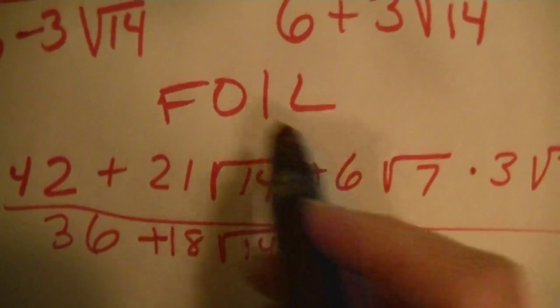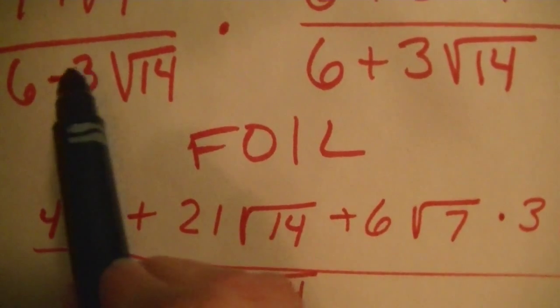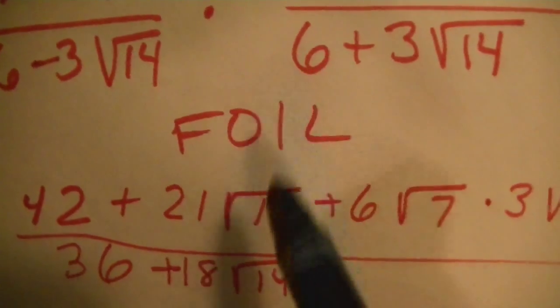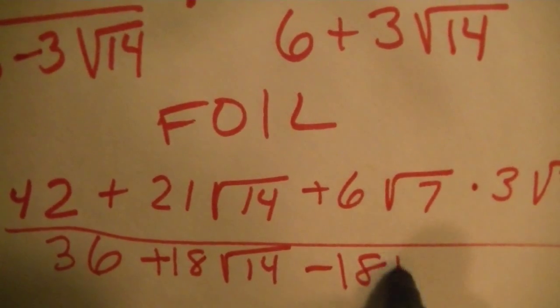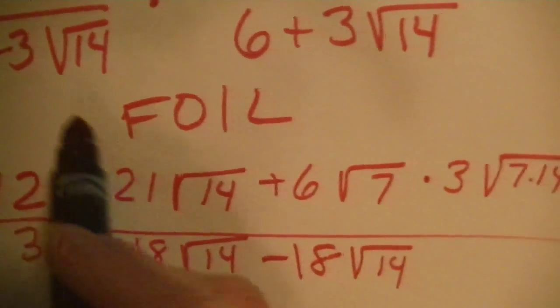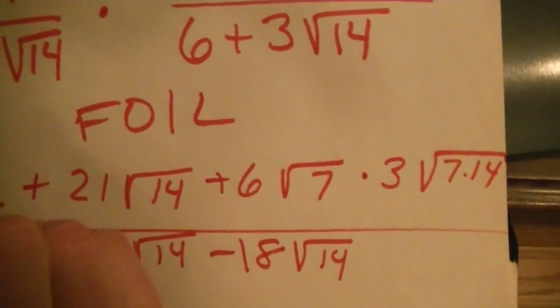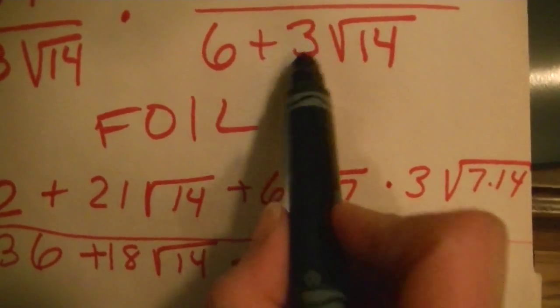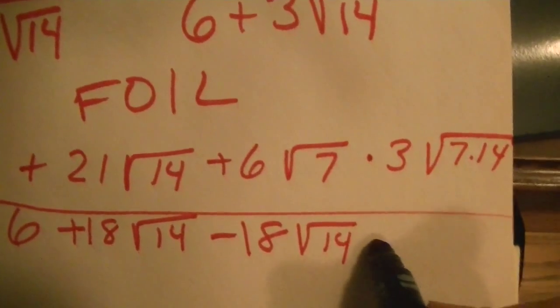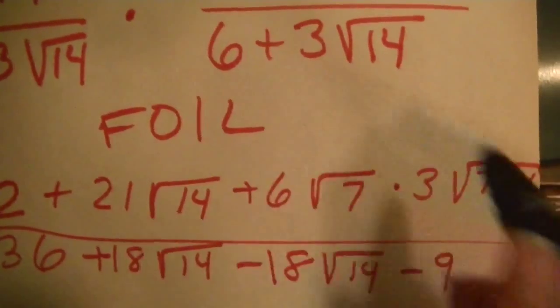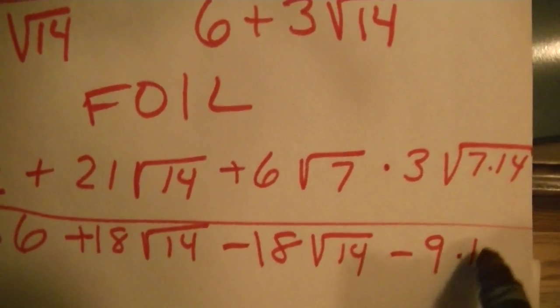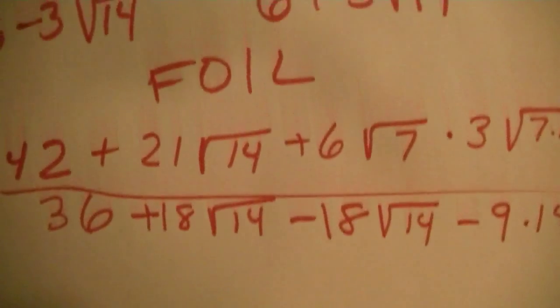Oh, you can't see what I'm doing. Now we have negative 3, the inner terms, negative 3 times 6, which is negative 18 square root 14. And then the last terms, negative 3 times positive 3 is negative 9. Square root of 14 times square root of 14 is just 14. It's going to multiply times 14.